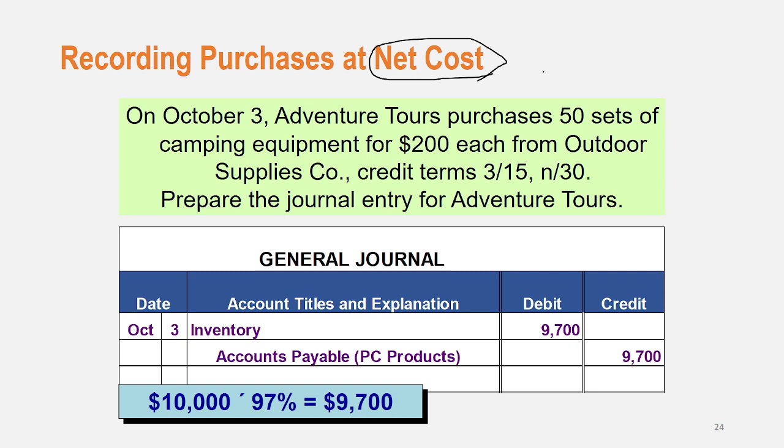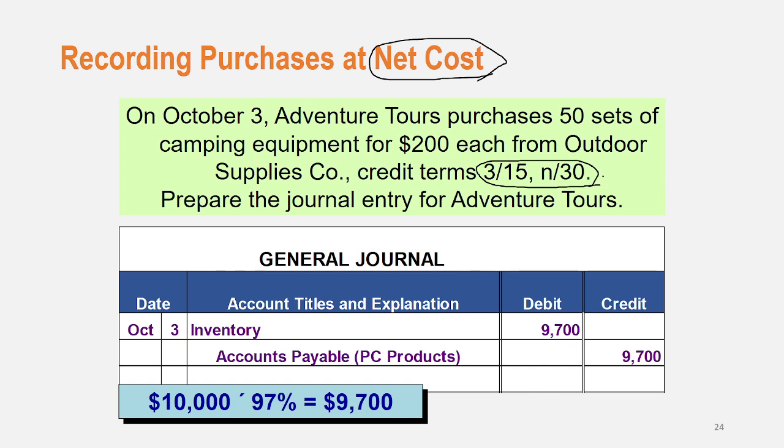The credit terms given are 3% within 15 days, otherwise the net amount is due in 30 days. This means that Adventure Tours can get a 3% discount if they pay within 15 days. Otherwise, the net amount is due in a maximum of 30 days.